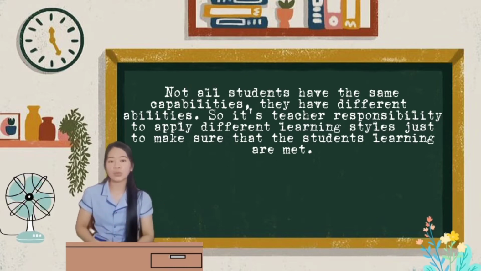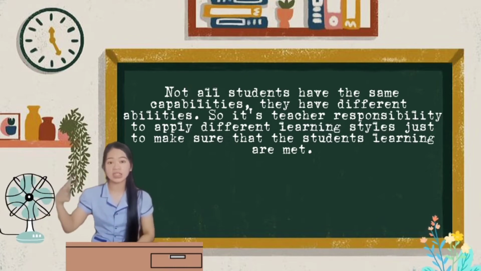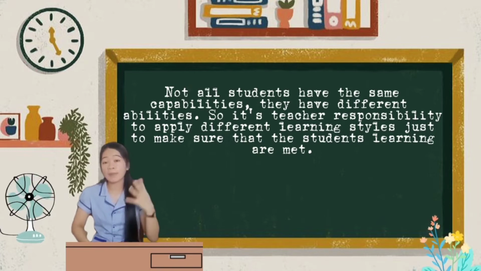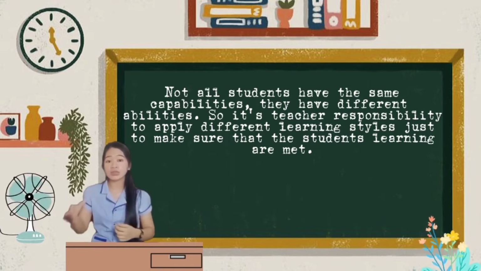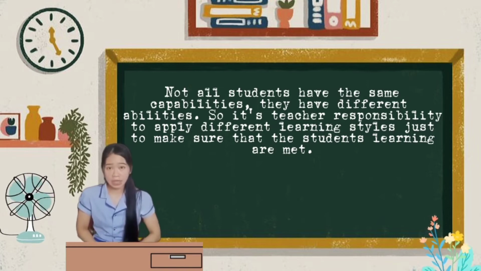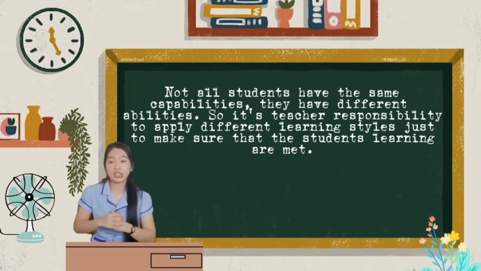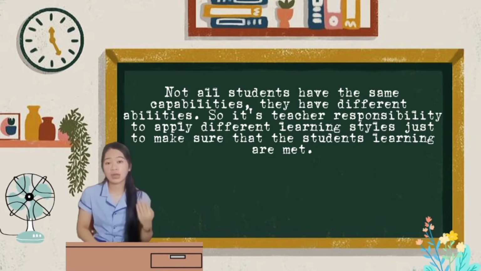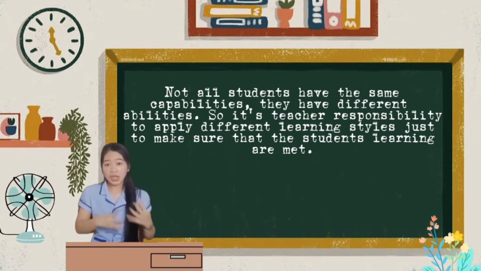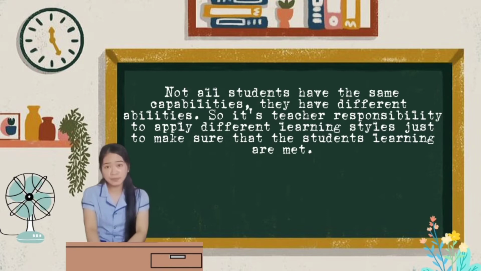For example, if one of your students has difficulty in a certain topic, instead of explaining it again and again, why not apply another technique that suits him or her and make sure that he fully understands the topic. It is the teacher's responsibility to apply different techniques so that the students will learn a specific lesson.